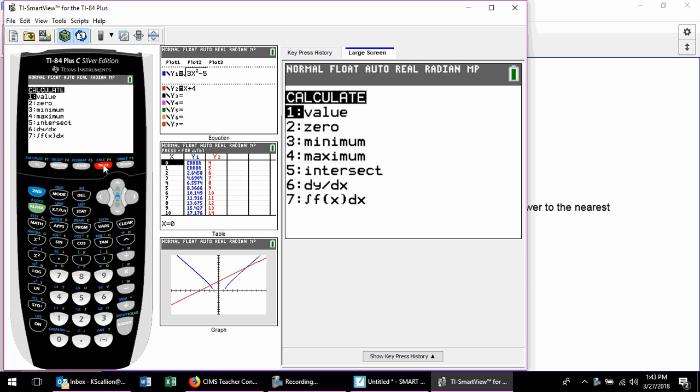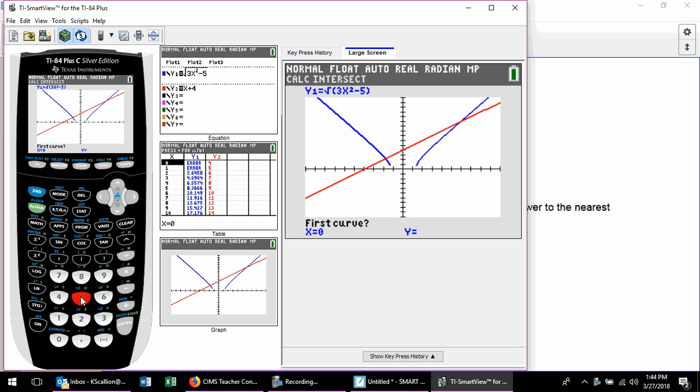Second function, calculate. Option 5, because we're doing points of intersection. I don't see my cursor blinking anywhere on there. Look at that. Okay, so I'm saying that's my first curve, that's my second curve, and I'd like you to guess.